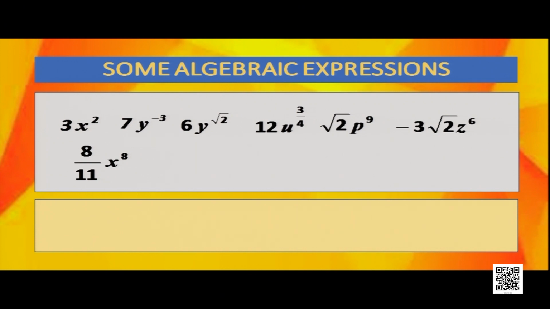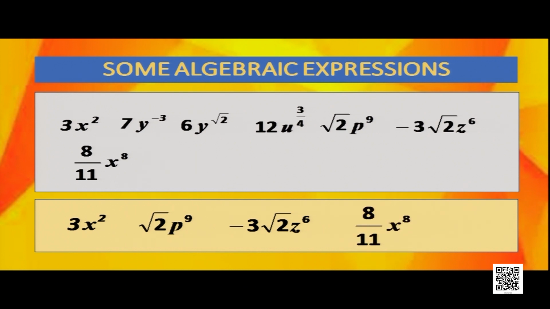Out of these expressions, let's see 3x square, root 2 p to the power 9, minus 3 root 2 z to the power 6, and 8 by 11 x to the power 8. These four algebraic expressions are called monomials. Why are they monomials? What about the rest?